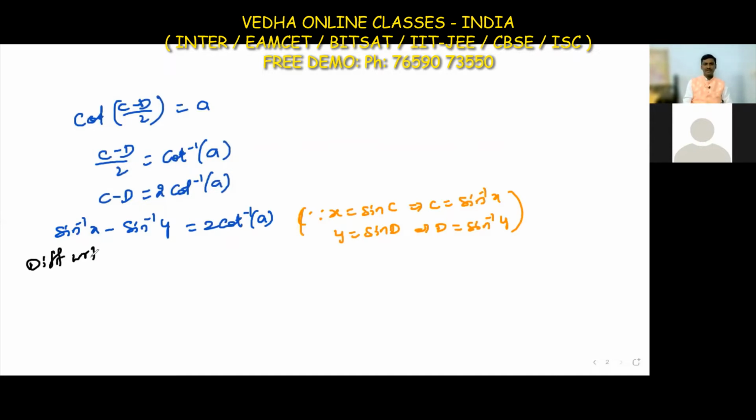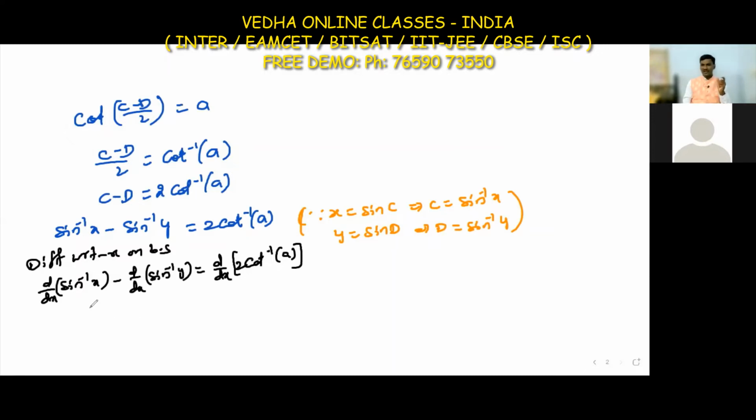So differentiating with respect to x on both sides, d by dx of sin inverse x minus d by dx of sin inverse of y is equal to d by dx of 2 into cot inverse of a. d by dx of sin inverse x, we have the formula 1 by root of 1 minus x square. d by dx of sin inverse y is 1 by root of 1 minus y square, and in place of x we have y, so into dy by dx.